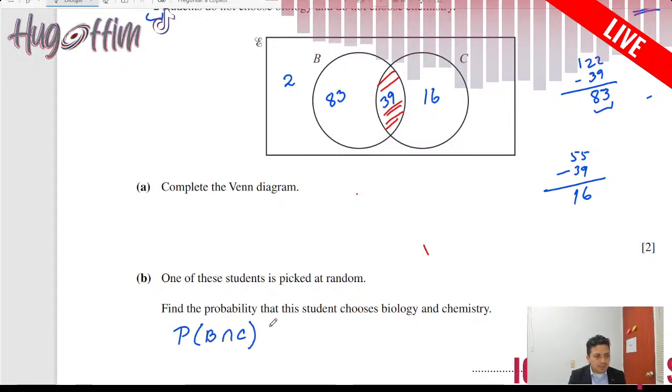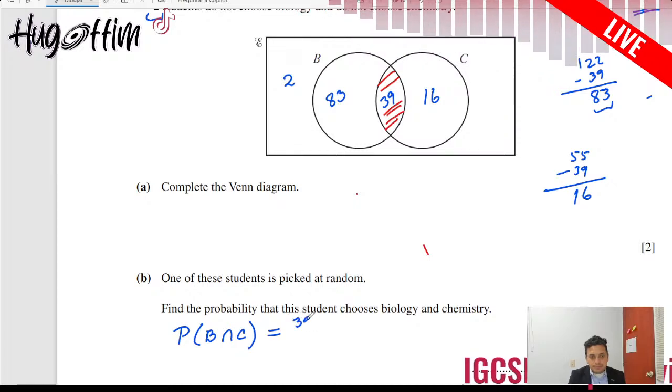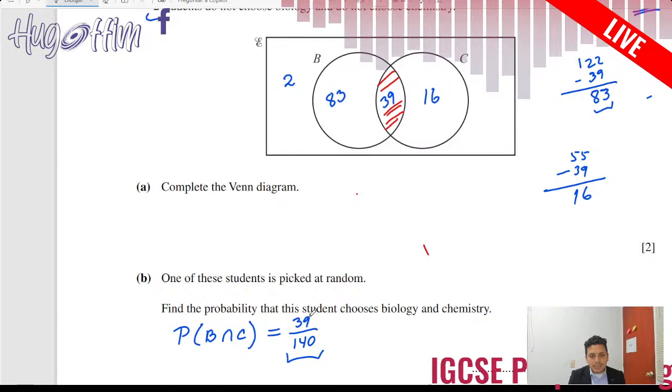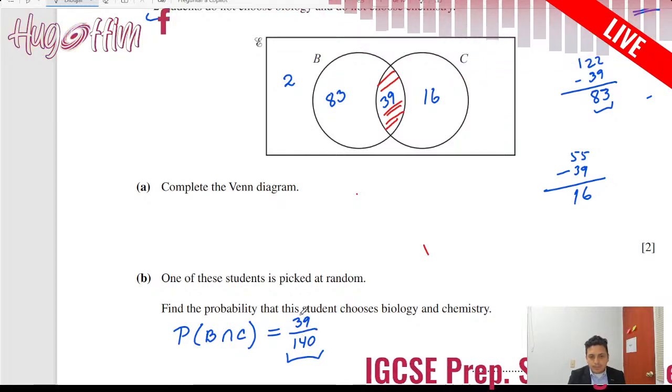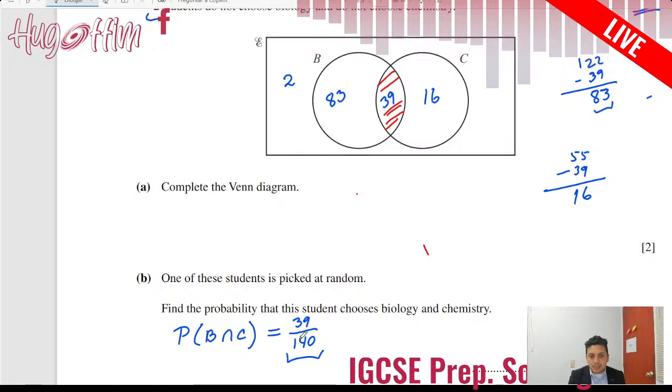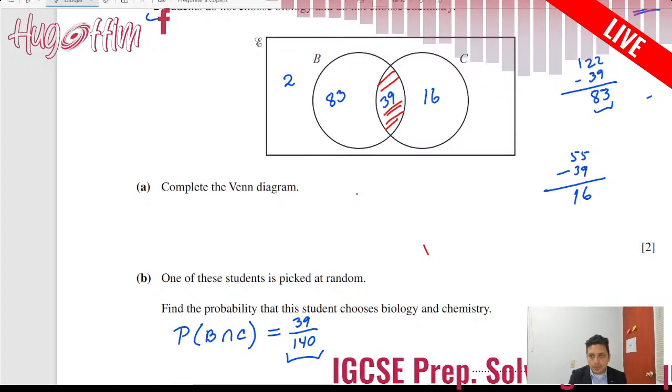So I just need to put that this is 39 over 140. That would be the probability that this student chooses biology and chemistry. 39 over 140. Let's see, there's no way to simplify.